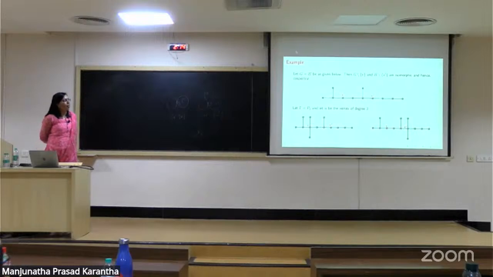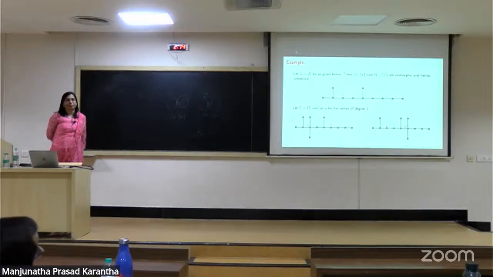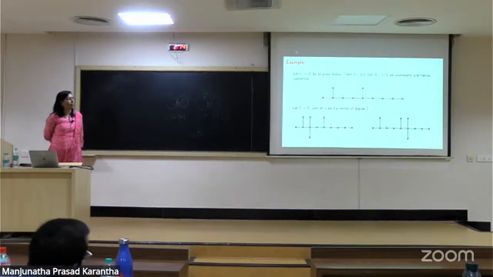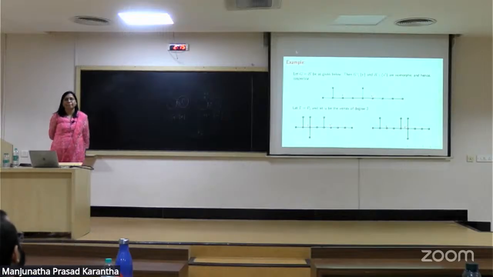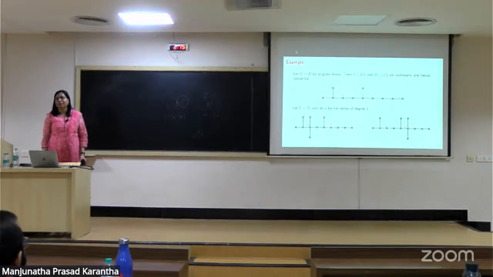I took P3, but you can take any other graph, and you may arrange graphs or trees. So there will be so many co-spectral pairs. This is one way to construct co-spectral pairs.